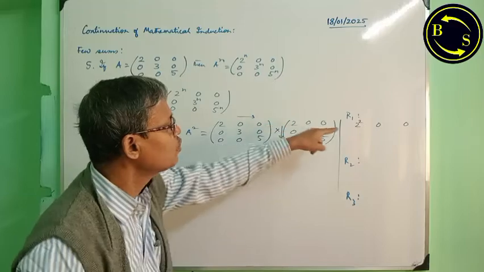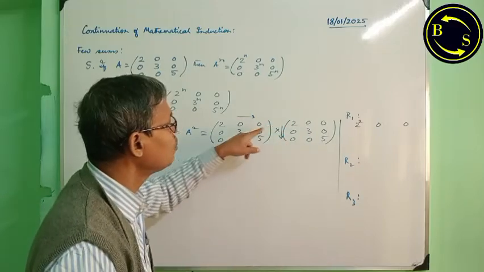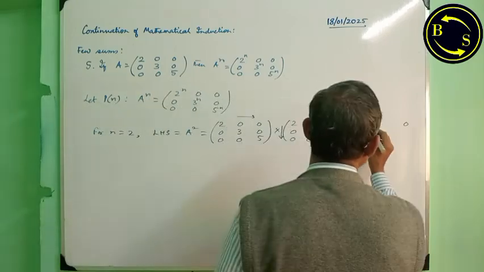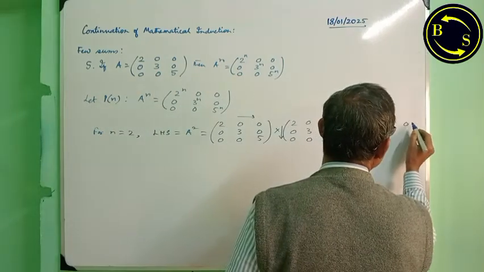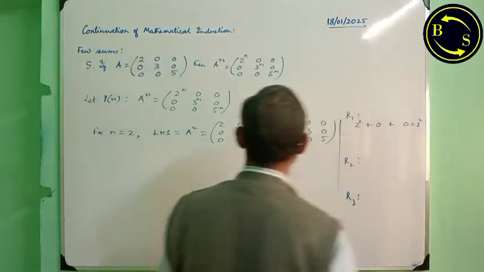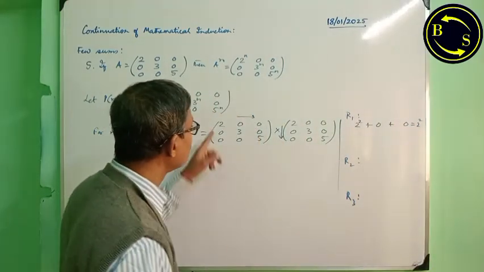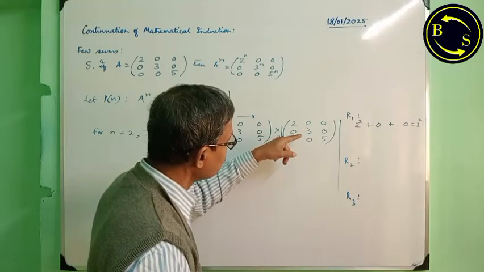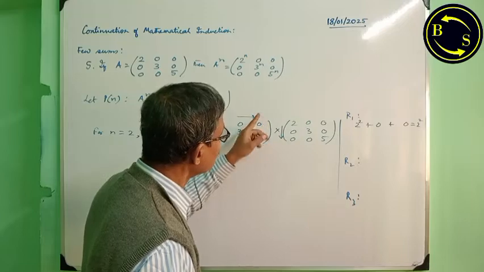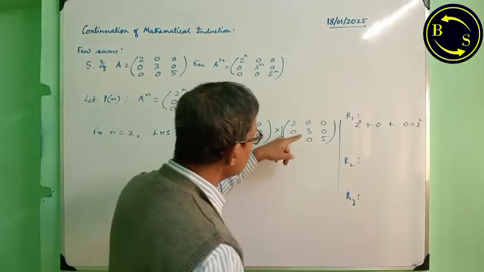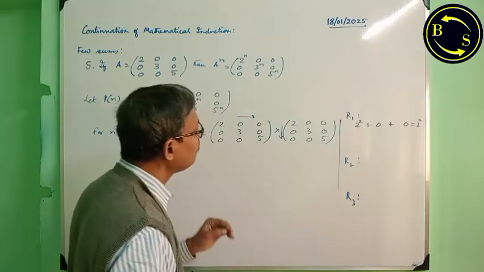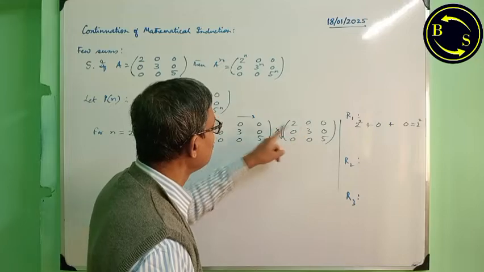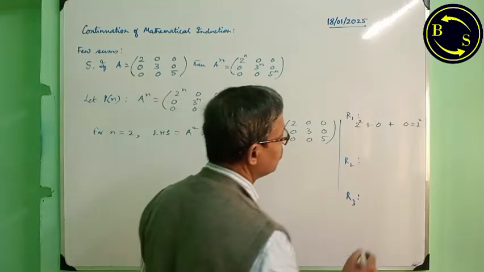Now for the second element, we multiply these 3 entries with the entries of the second column: 2 into 0 plus 0 into 3 plus 0 into 0, that means 0.